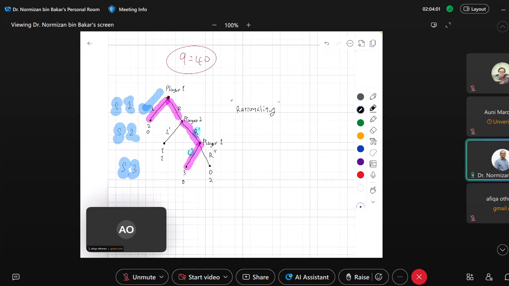And similarly at stage two, player two knows that player one is irrational. Why? Because player one chooses the payoff that is not a better payoff, the worse payoff. So player one is irrational.